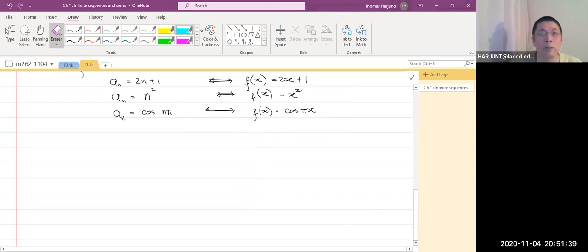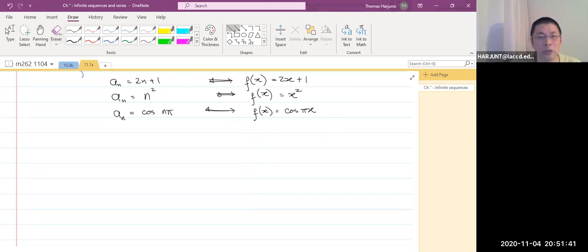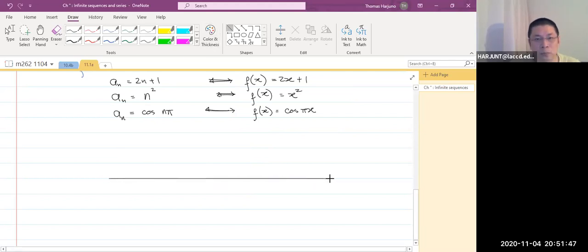Then the next thing to do is imagine the graph of cosine n pi. It will look like this, and it keeps on repeating.